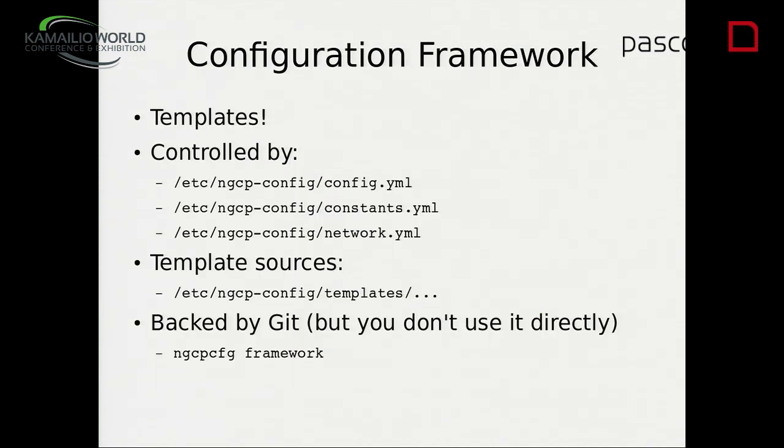The configuration framework, everything is based on template files and on YAML configuration files. We have three main configuration files containing the main parameters and variables for the system, and those variables are used by the template files to build the real configuration file.